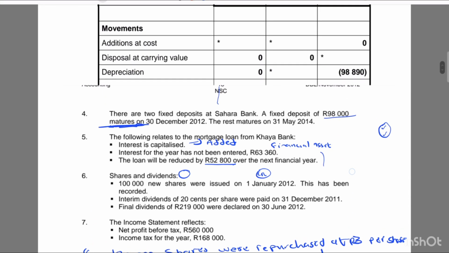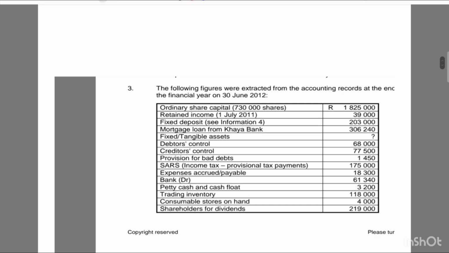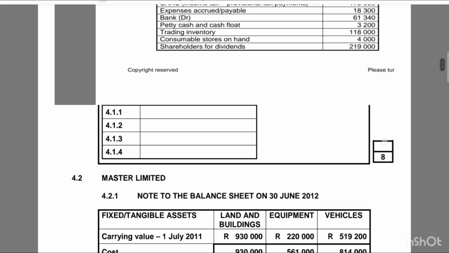When we check the trial balance, we are given 730,000. But guys, remember the shares that were issued during the year were recorded.